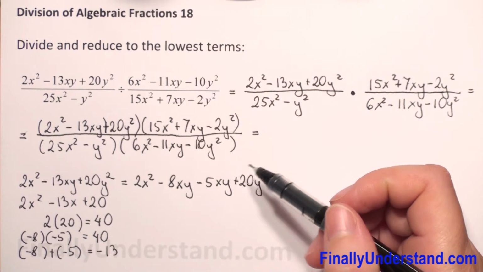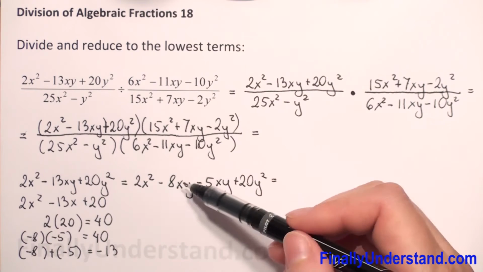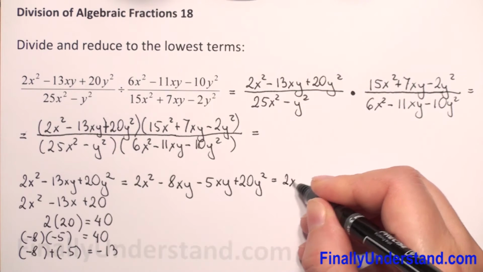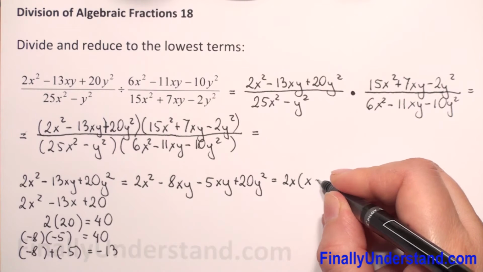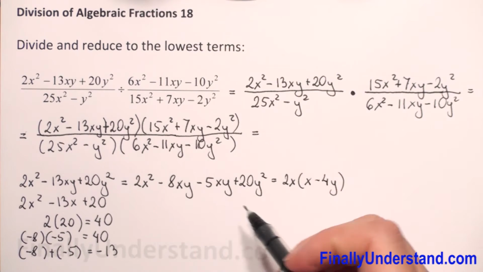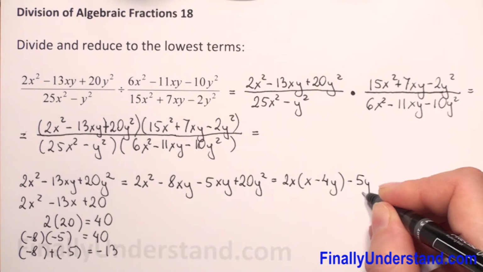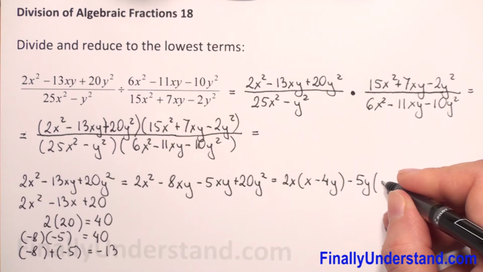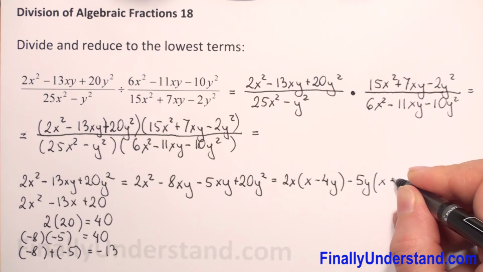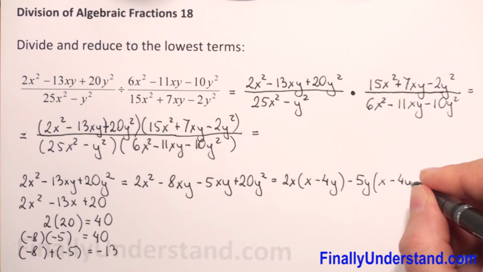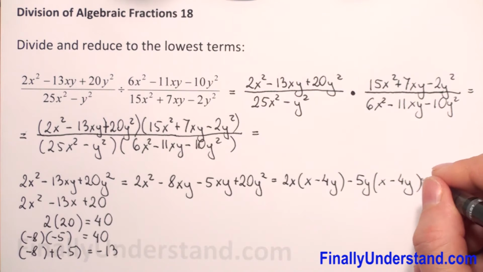Next we have to factorize from the first two expressions. We can factorize 2x, so in parentheses I will have x minus 4y, and from the last two expressions I can factorize negative 5y, so in parentheses I will have x minus 4y, of course minus, because I have plus 20. Negative 5y times negative 4y will be positive 20y squared.